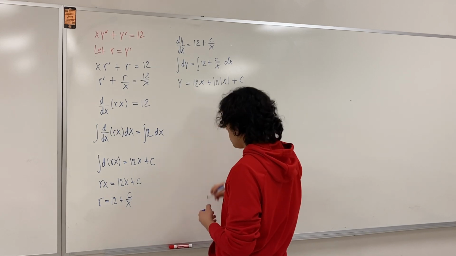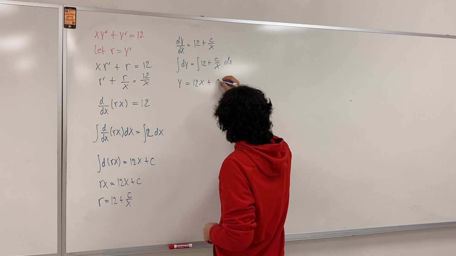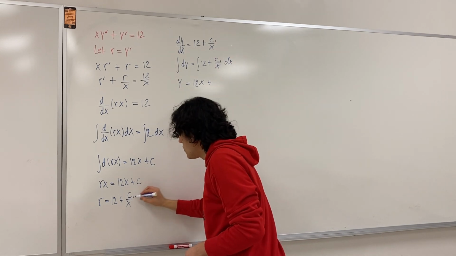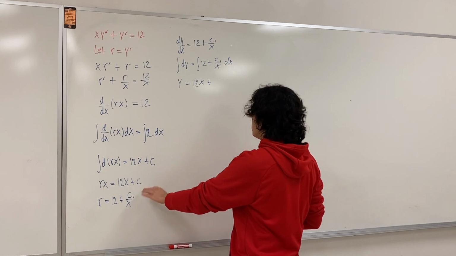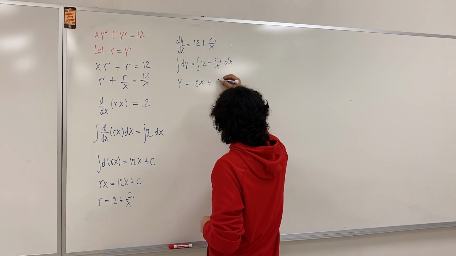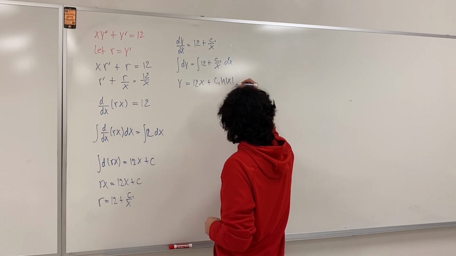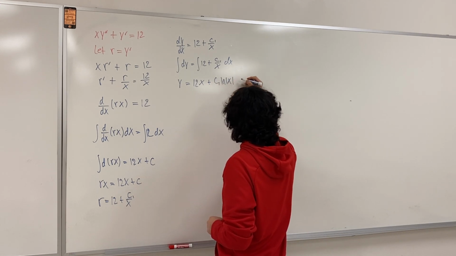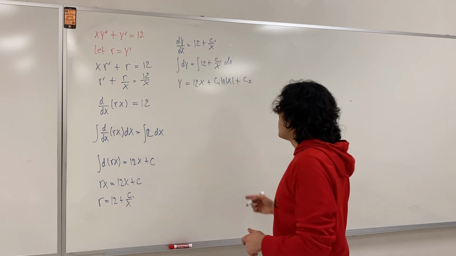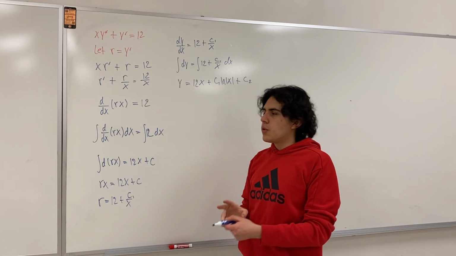And well, I missed the subscript, so my apologies, I should have written this constant as c1, because here we're going to get a second constant of integration. So we're going to have c1 times ln of x plus c2, okay? And this is our answer for that equation up there.